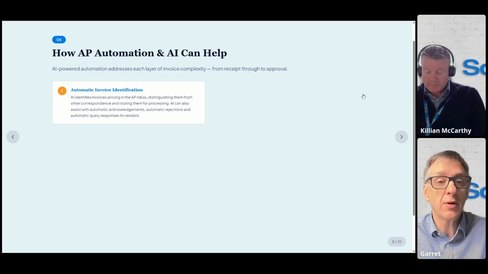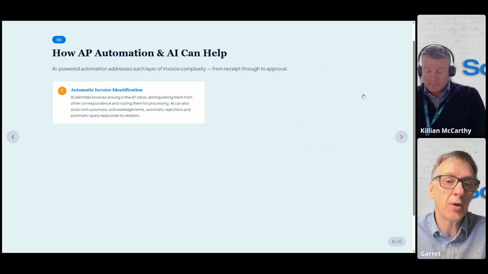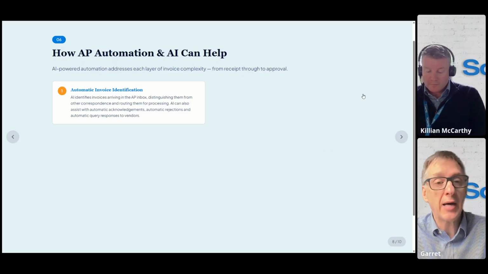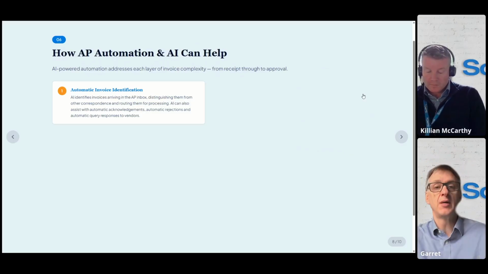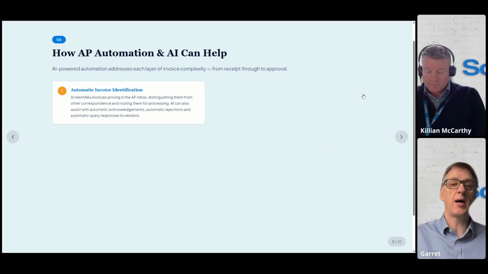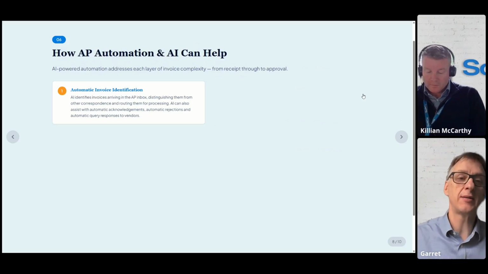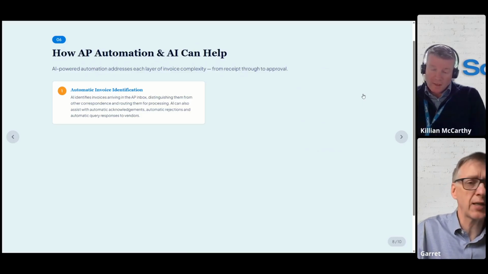But with those other emails, whether they be queries or statements, with the help of AI, they can be automatically classified and sent on their own particular route for processing, or even, with LLMs, help generate responses to queries on invoice status, things that can take up a large proportion of your AP personnel's time. These can all be automated to a very high degree. Is that fair to say, or anything to add on that?